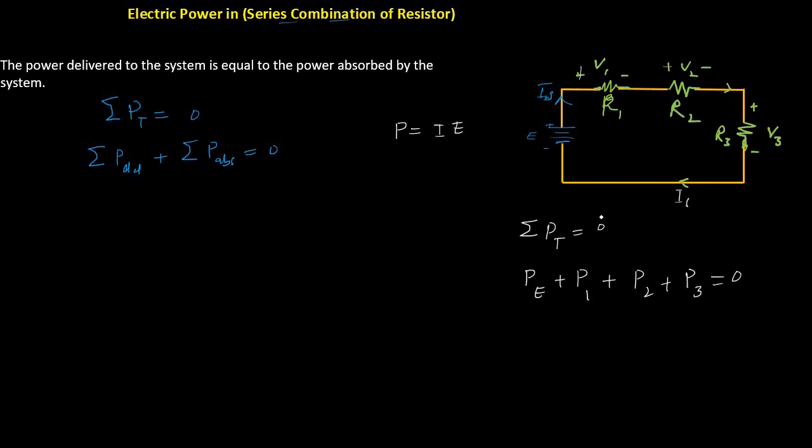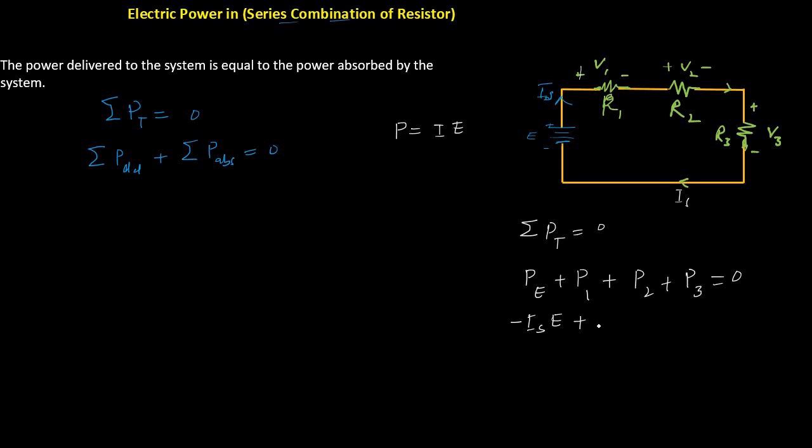Now for this voltage source, the current is entering at the negative side and leaving the positive side, so the current in this case is negative. So the power in this case is minus Is times E, plus, for this case the current is entering at the positive side and leaving the negative side, so the power in this case is positive.